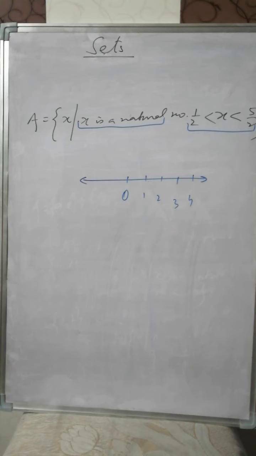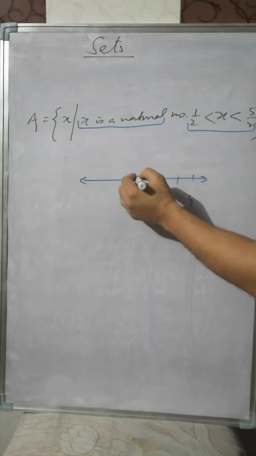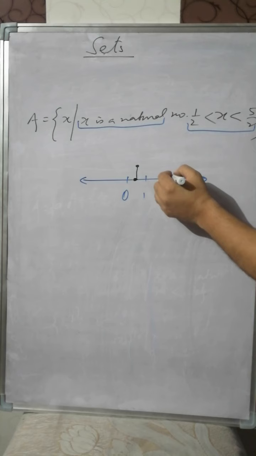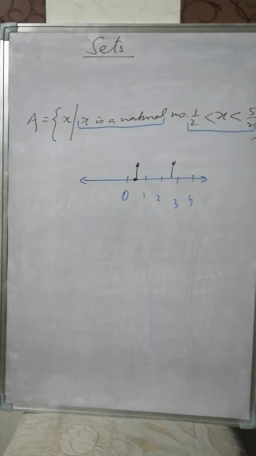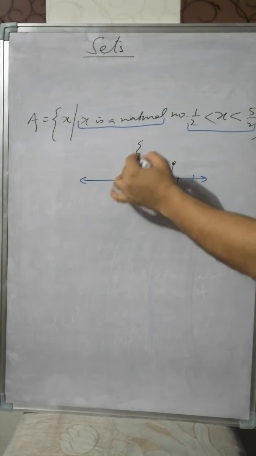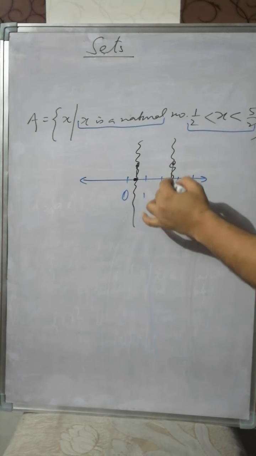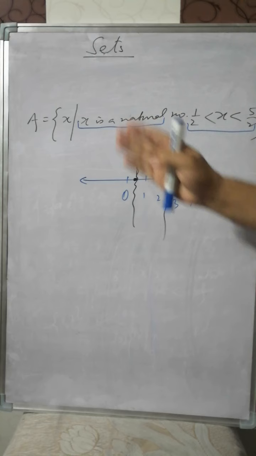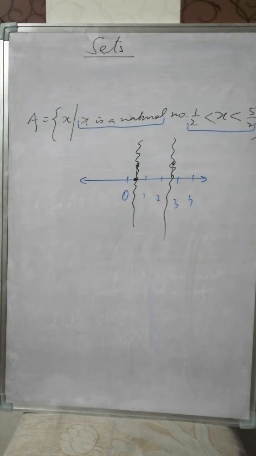So this value lies at the midpoint of 0 and 1, and 5 by 2 is what? 2.5. So it is the midpoint of 2 and 3. So this is the limit. Neither can we go to the left of a half nor to the right of 2.5.